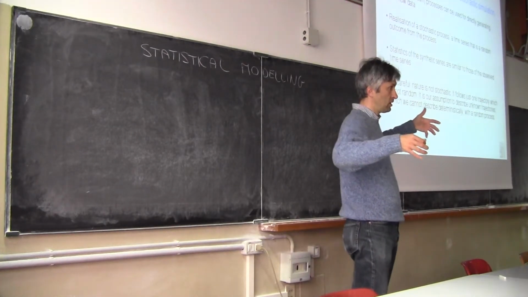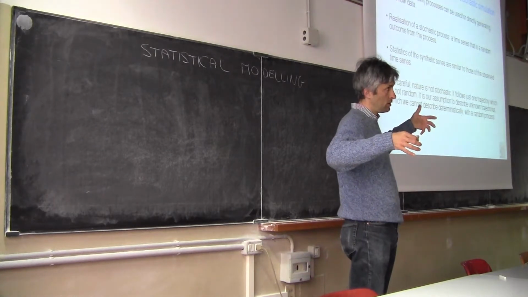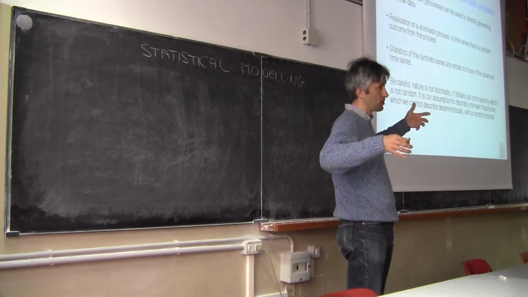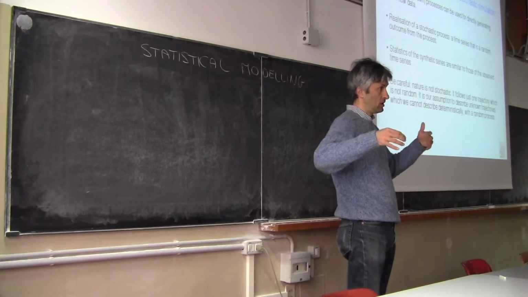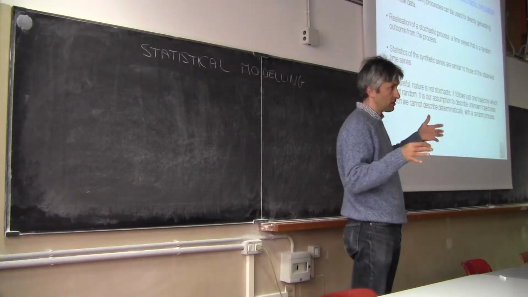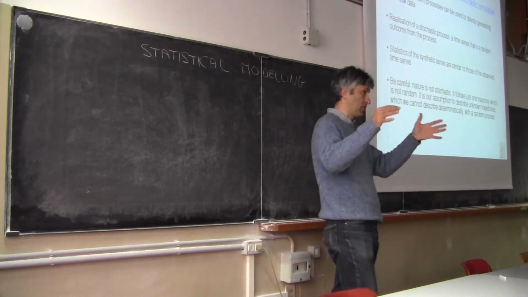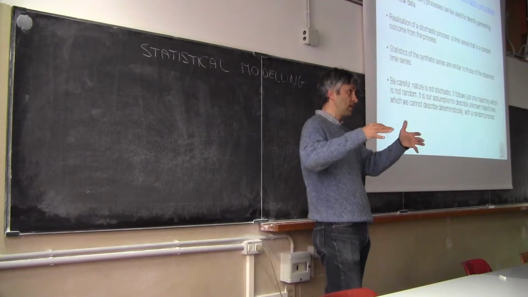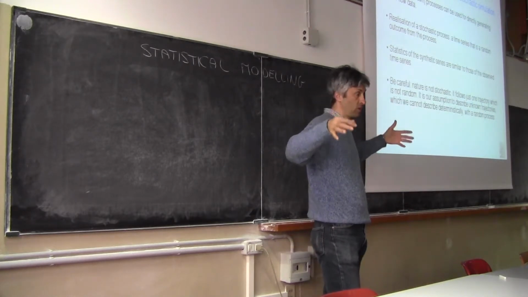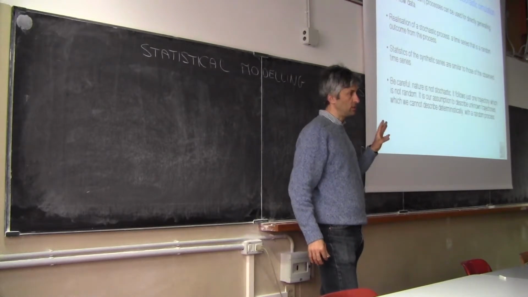Stochastic modeling is used to deal with stochastic processes. The model is a representation of the process, so stochastic modeling refers to stochastic processes. And we see that the outcome of this stochastic process is a realization, it's a series. So this is important to understand the difference.